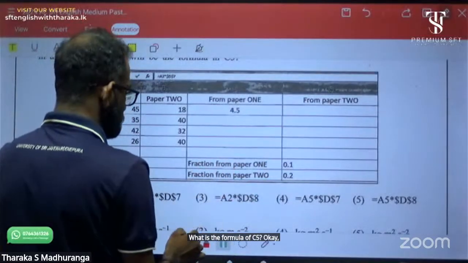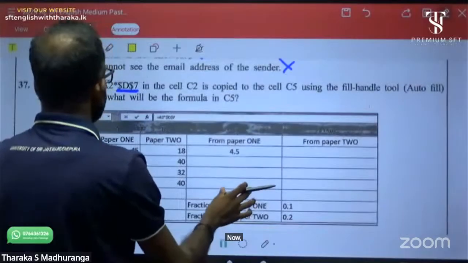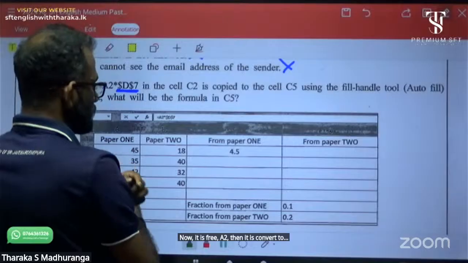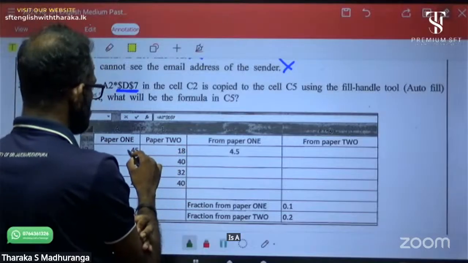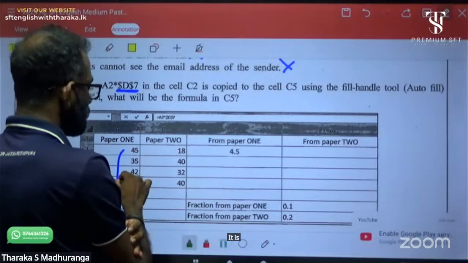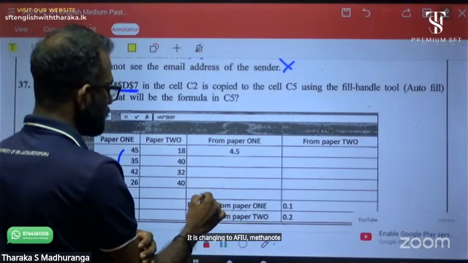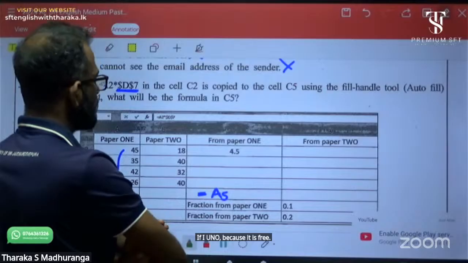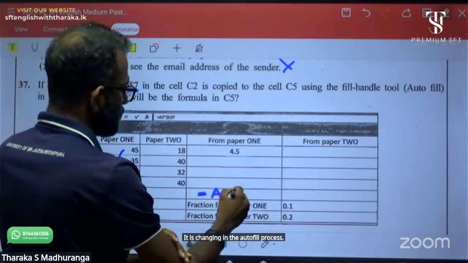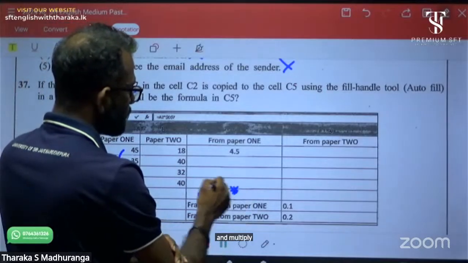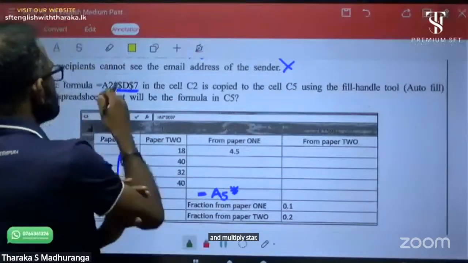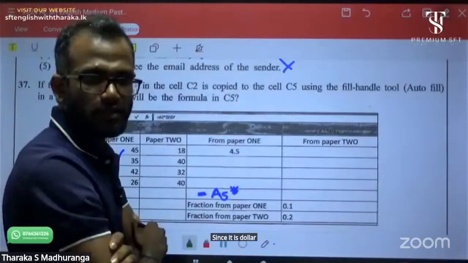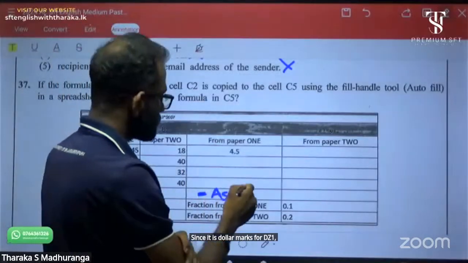Okay, let's see. A2 is free, so it is changing to A5, equals A5, because it is free. It is changing in the autofill process. And multiply with star. Since there are dollar marks for D7, D7 is fixed. That's the purpose of adding dollar marks.